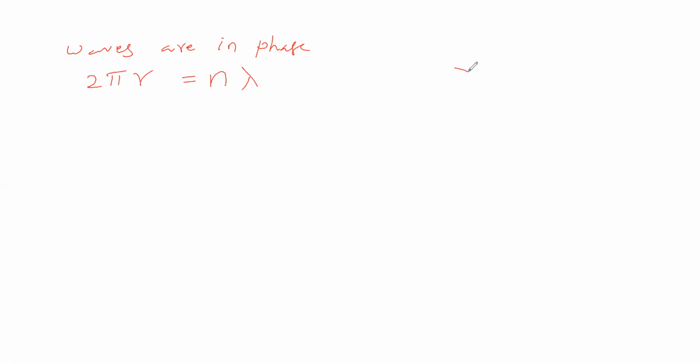That we will see. We take a circular path. For this, the circumference is 2 pi r. What is n lambda? Now the electron is making a wave motion like this. Lambda is called wavelength.